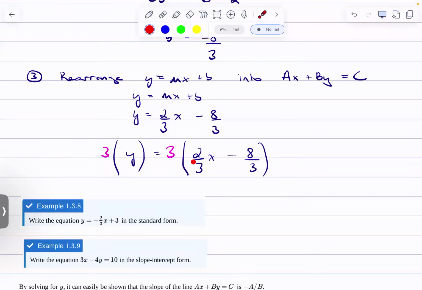Right, distributing this, I get 2 over 3 times 3 makes 3 over 3. And distributing this cancels this 3. So I get like this.